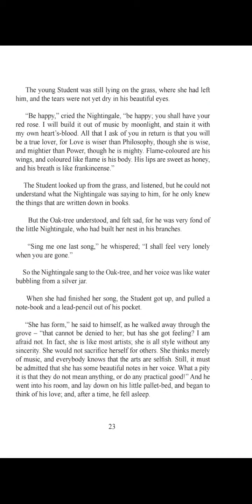Though she is wise and mightier than power, though he is mighty, flame colored are his wings, and colored like flame is his body. His lips are sweet as honey, and his breath is like frankincense. So now, the Nightingale is appreciating the boy's features, how he looks, and the Nightingale has fallen madly for him on the way that he loves the girl.